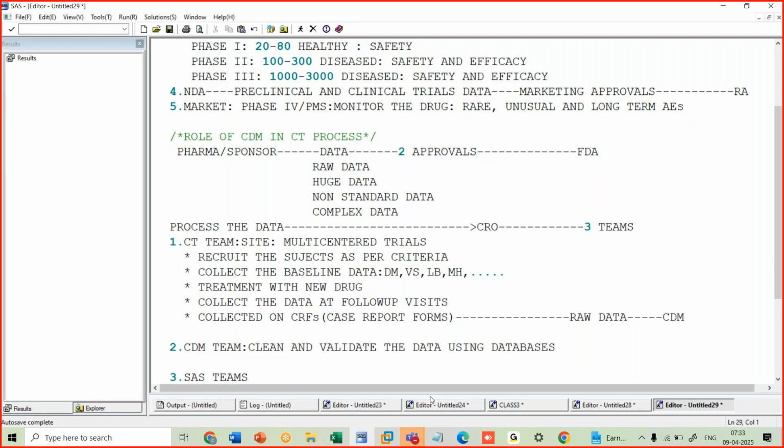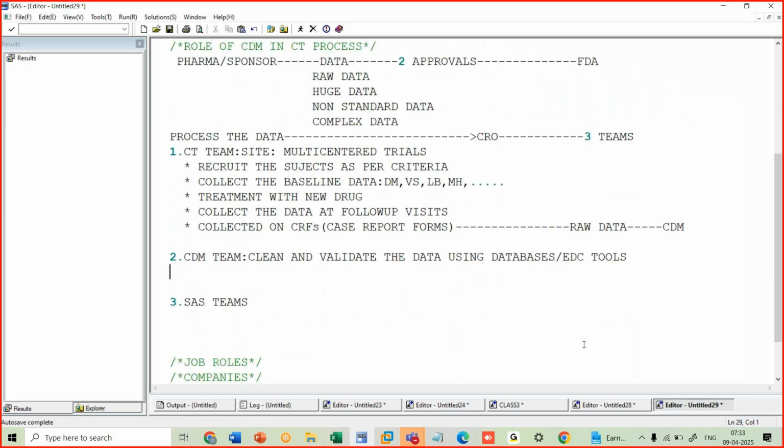They do this using different databases and different EDC tools. So they handle the raw data.